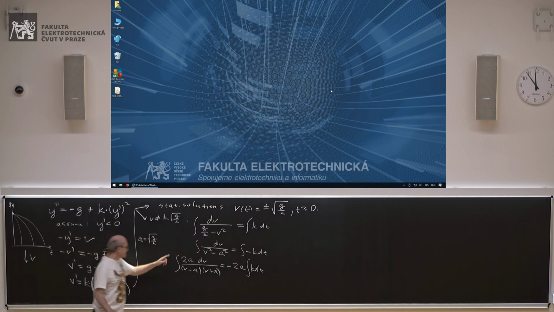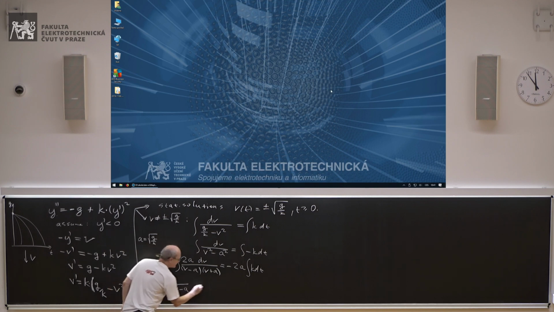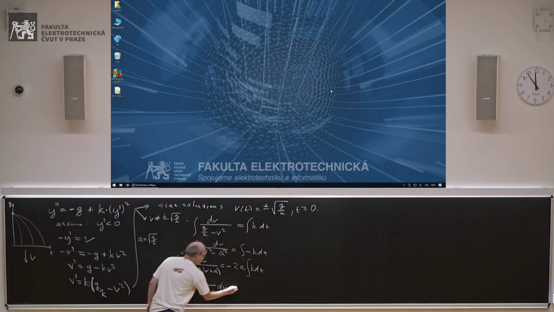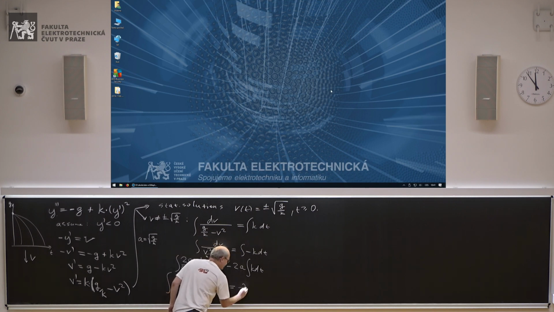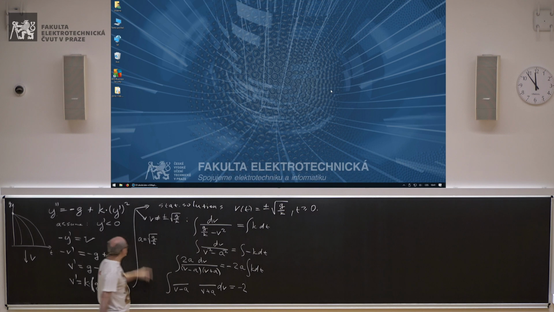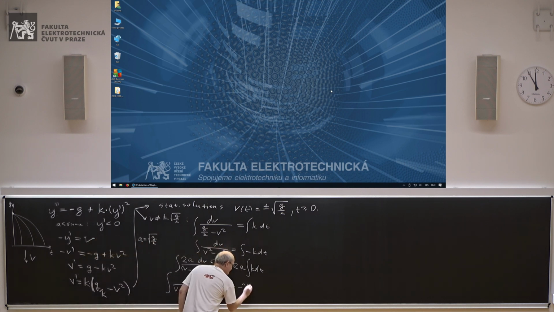Let's play. Now I do the partial fractions. v minus a, v plus a, dv should be, and let's play here, this is minus 2, and a is actually the square root of g over k, so k's can be put together. This is square root of gk times t plus c.